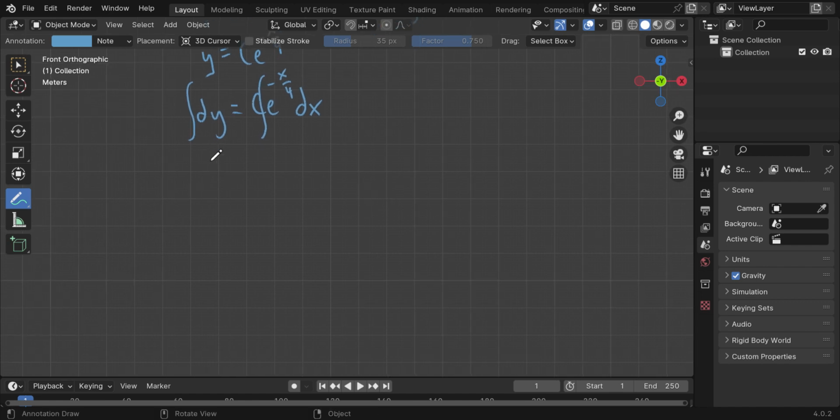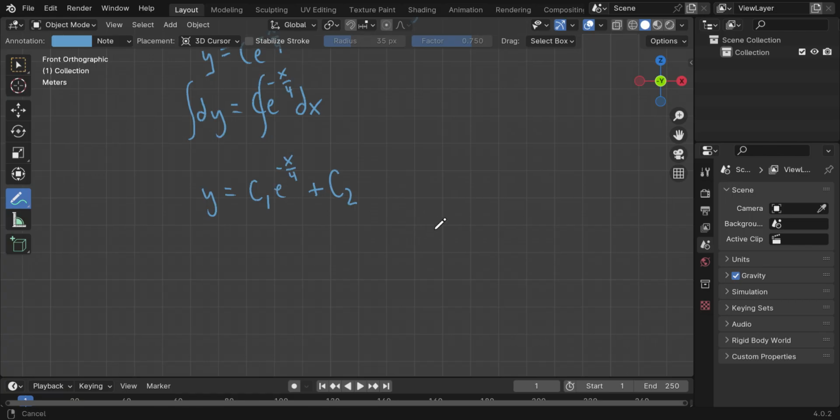And we end up with y equal to C1 e to the negative x over 4, where C becomes a different C1, since it's just a multiple of 4. So we leave that, and then there's plus some other constant. It doesn't have to be the same constant.